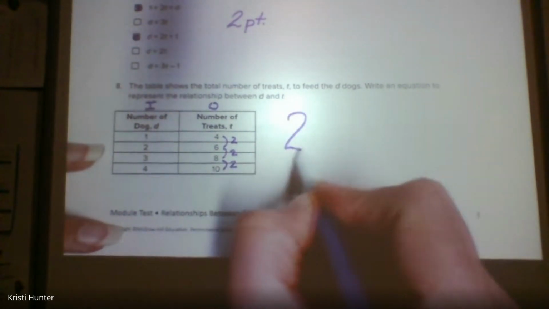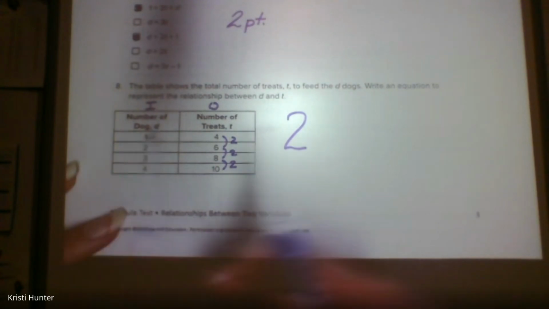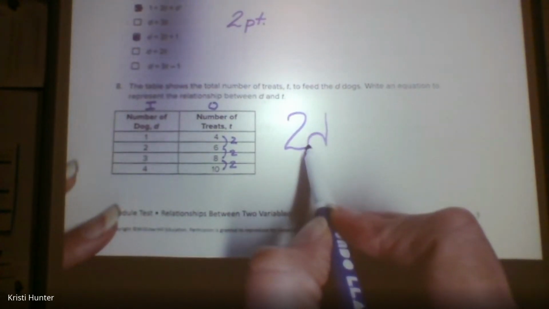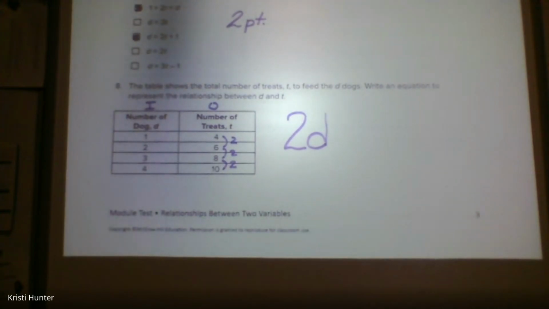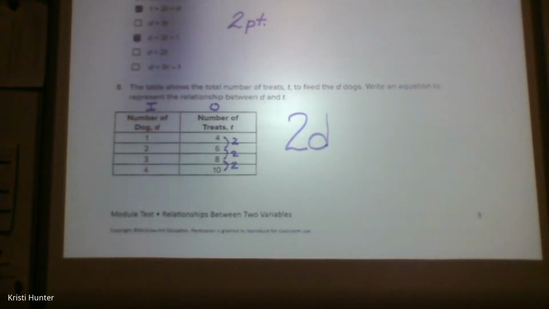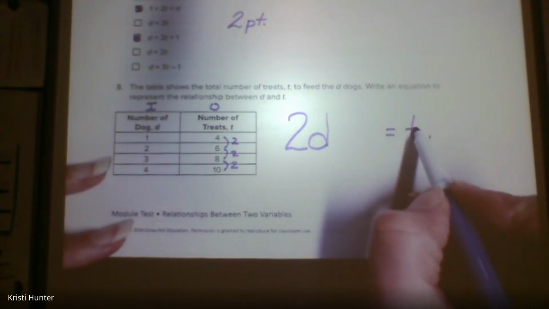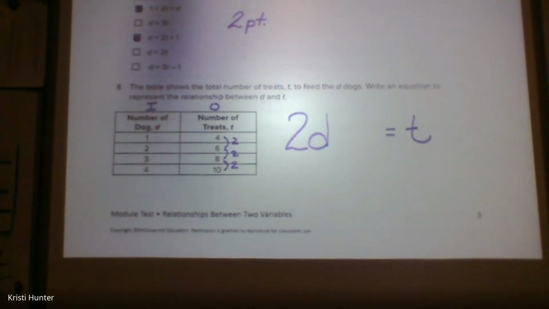So I'm going to have to do something with that 2. So 2 times my input. So every dog gets 2 treats. And that's going to tell me how many treats do I need total.